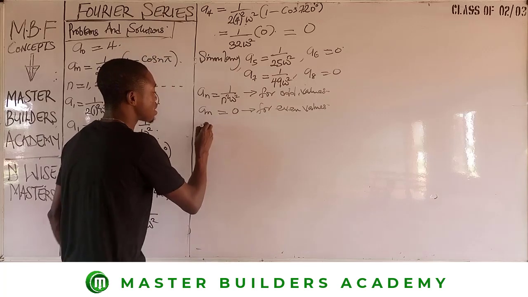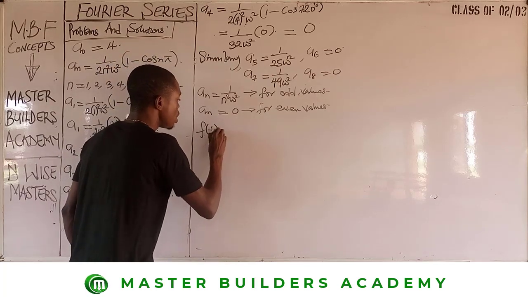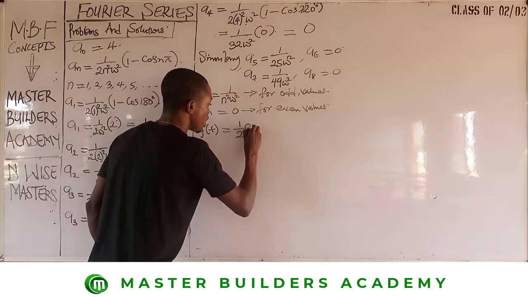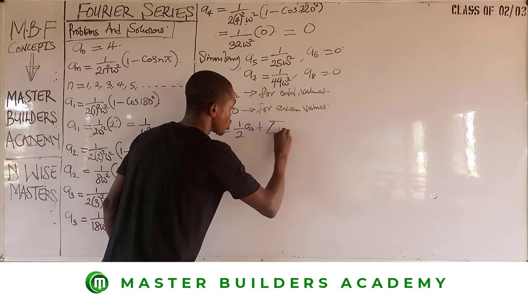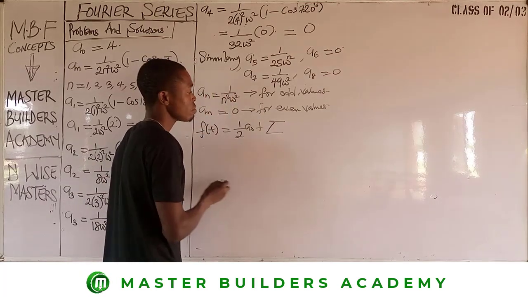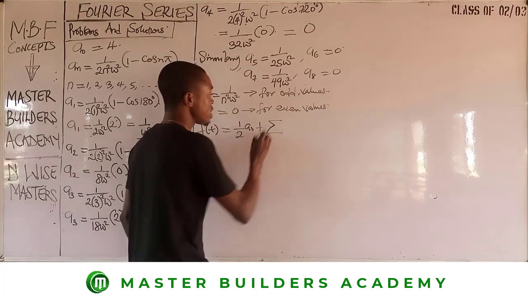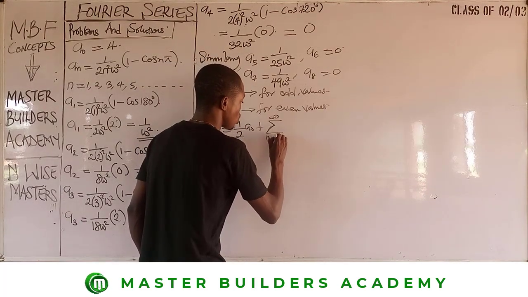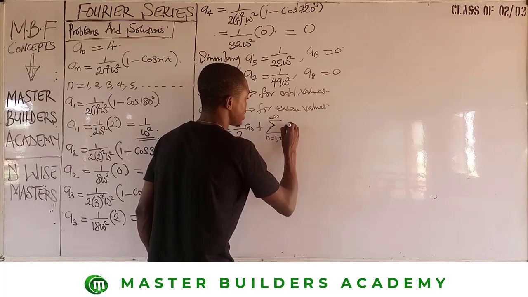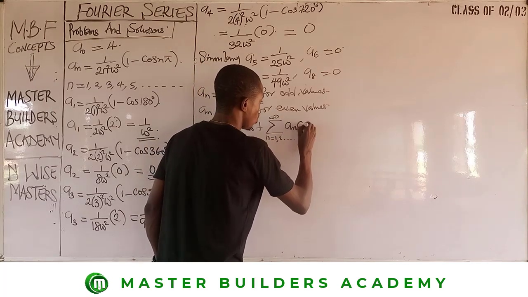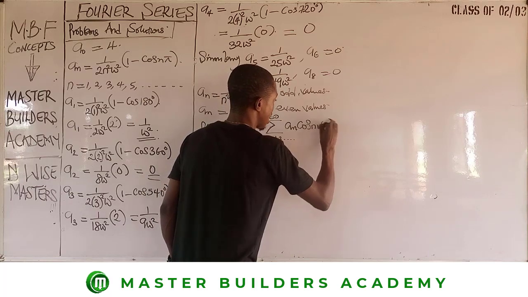We stated earlier that f of t is equal to 1 over 2 a naught plus summation from n equals 1 to infinity of an cos n omega t.